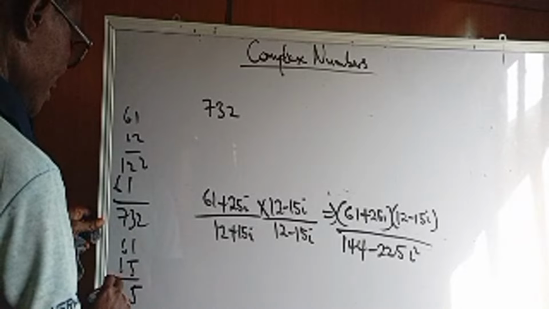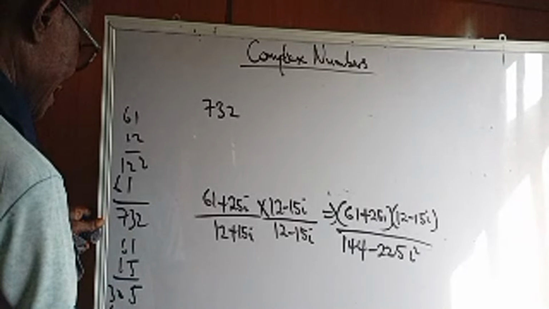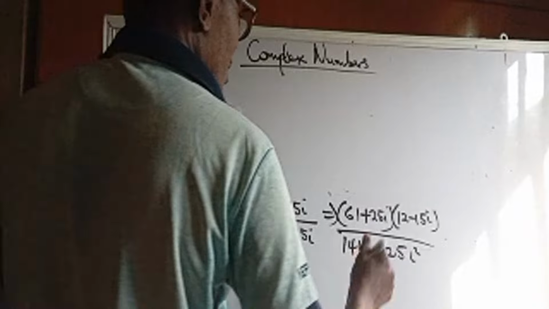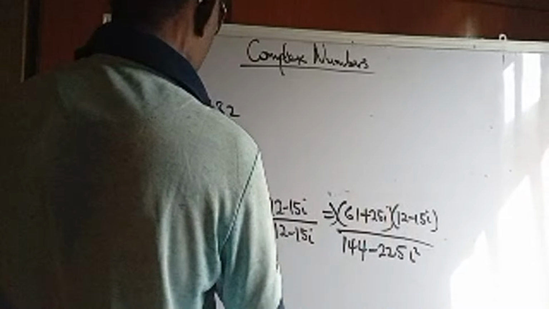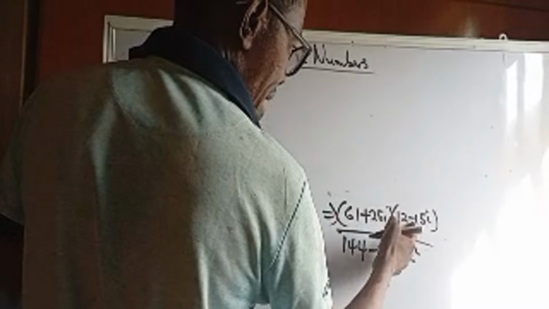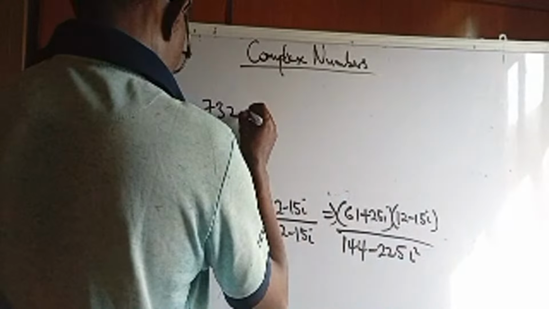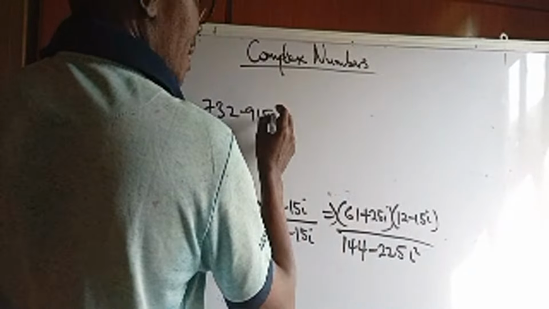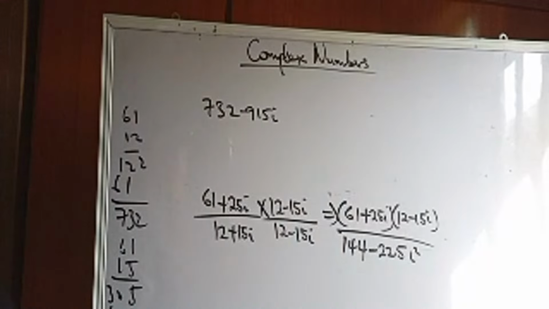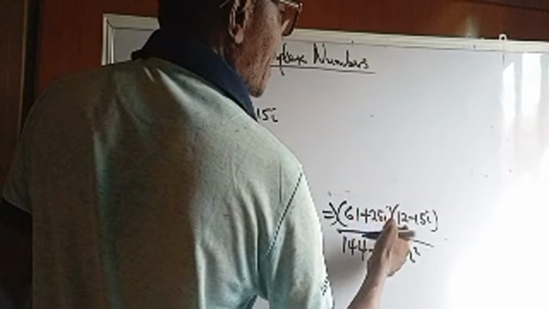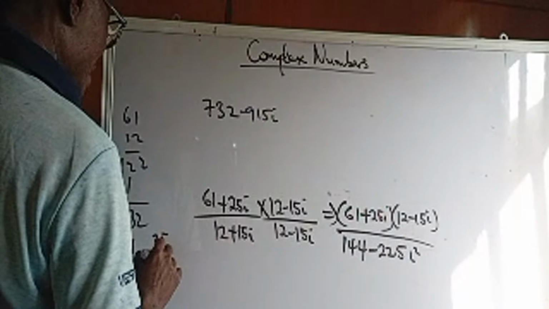What do you have there? 61 times 15, that is 915. Okay? So we have 61 times 12 is 732. 61 times minus 15, that is minus 915i. You can check it, but that is the answer there. Okay? Good. Then plus 25 times 12.